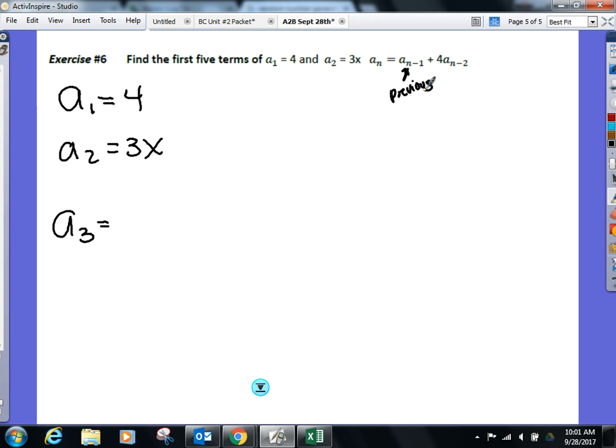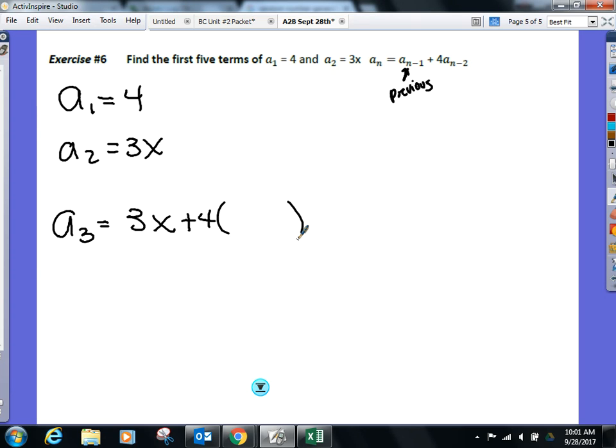If I'm on the third term, take the previous term, which was 3x, let's keep reading it, plus 4 times, whoa, and minus 2. Where do you think I go for that? I got previous. This is going to be the second previous. I like it, though. Two terms before that. Yes. The term before the previous. There you go. Does everyone see that?